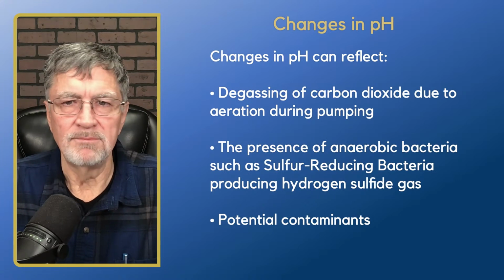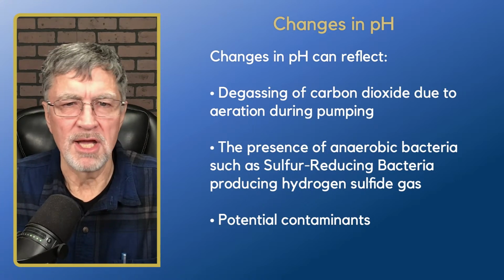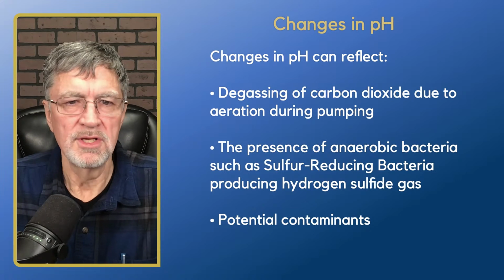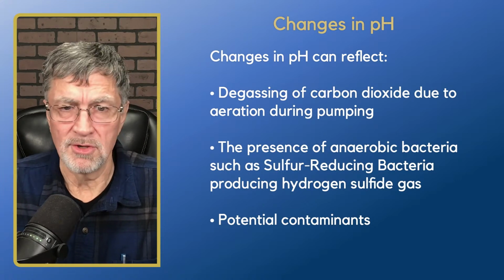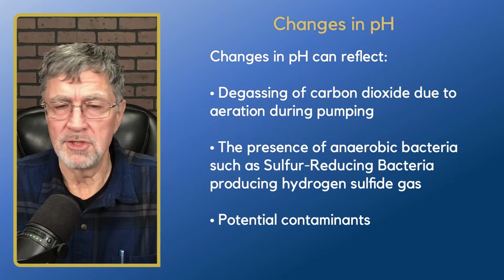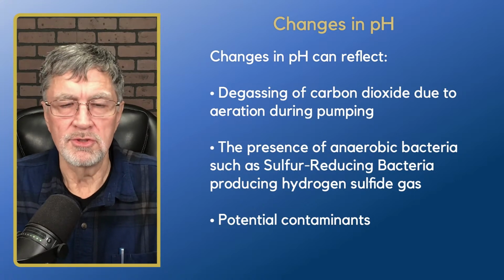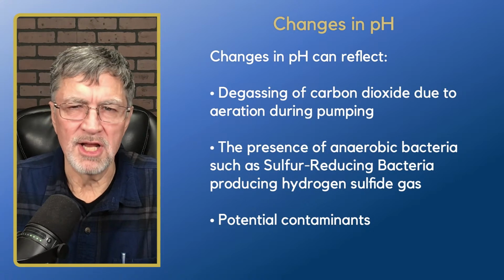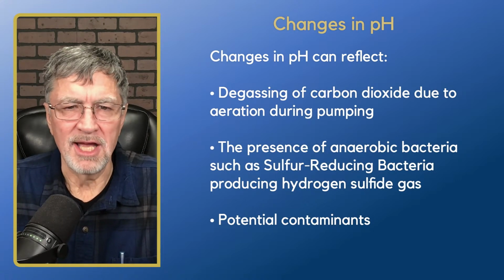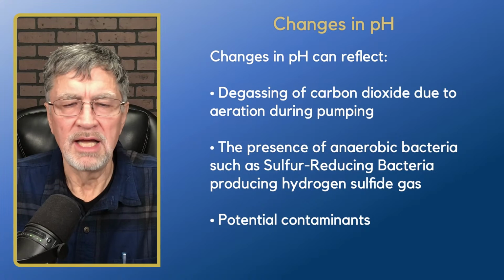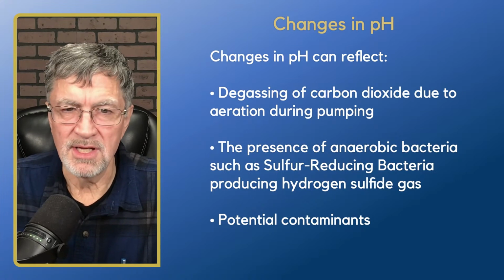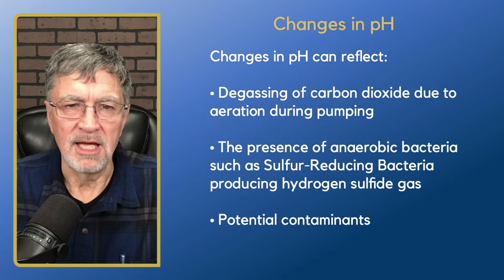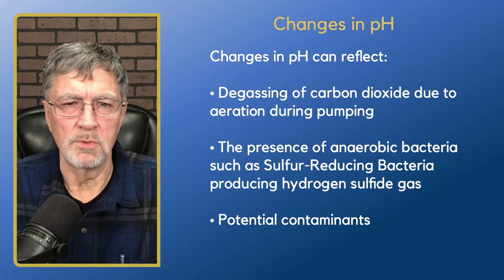And another way that changes in pH can manifest themselves in your well is if you have potential contaminants coming into the well that'll shift the pH one way or another. So significant changes in pH indicate changes in your well, and you probably need to go investigate that and make sure you understand what's going on.